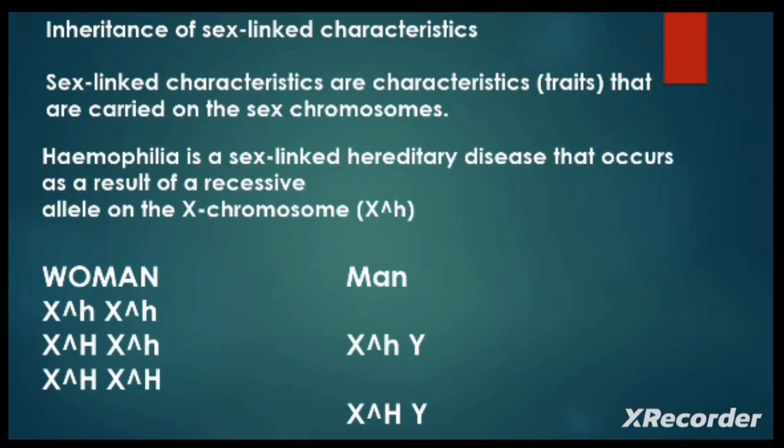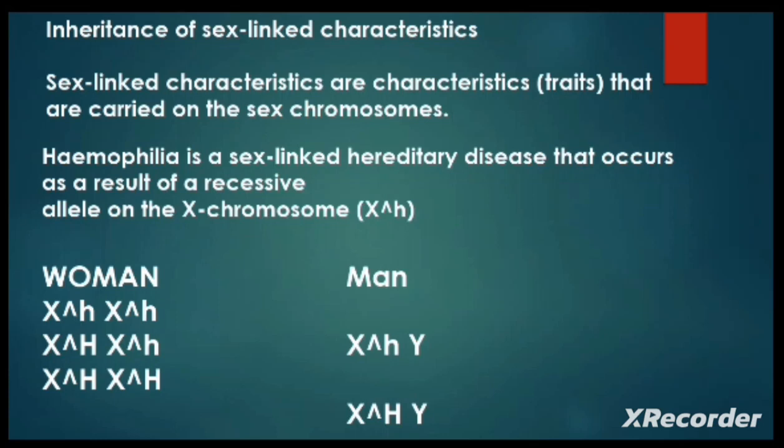So, for example, hemophilia is a sex-linked hereditary disease that occurs as a result of a recessive allele on the X chromosome. For example, on males, remember the sex chromosomes for a male is XY, right?